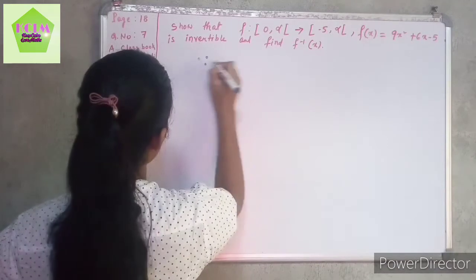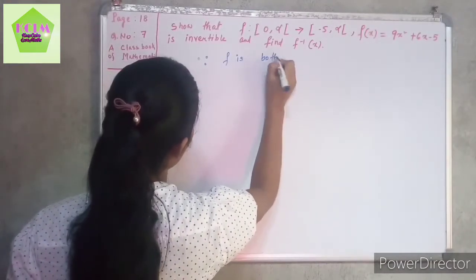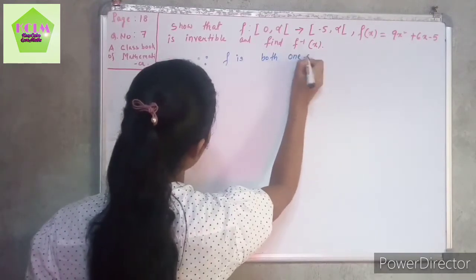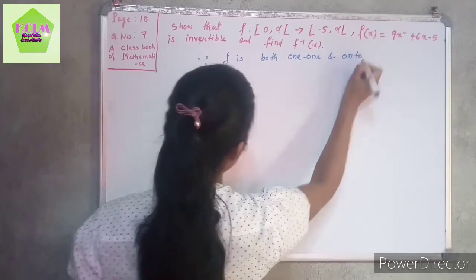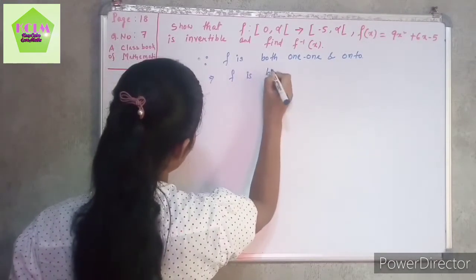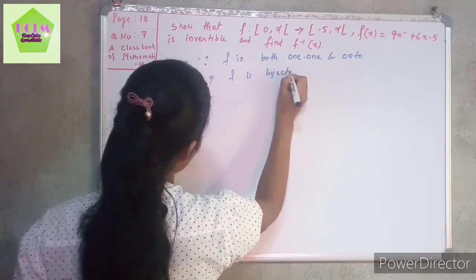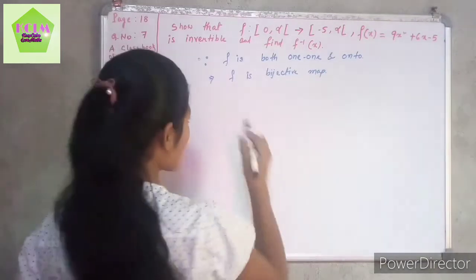Since f is both 1-1 and onto, therefore it is a bijective map. This is a bijective function. So it is invertible.